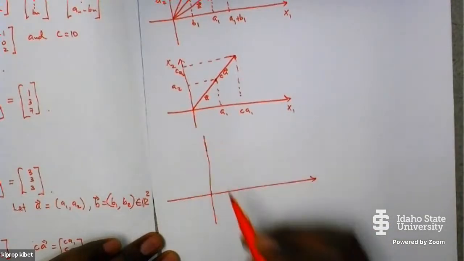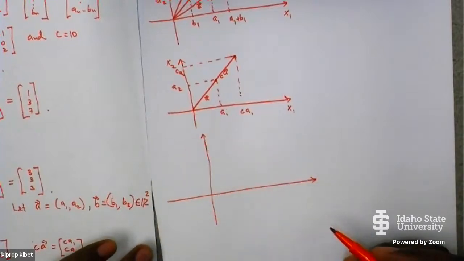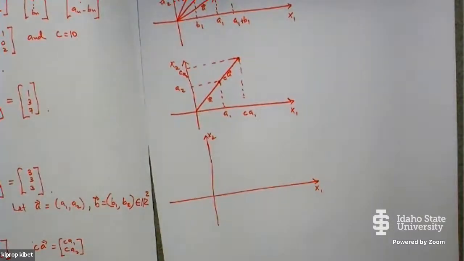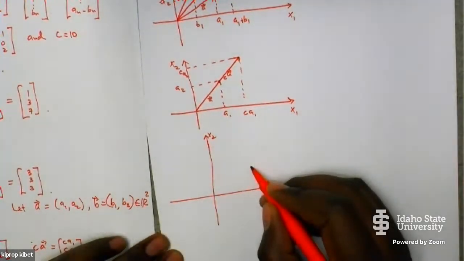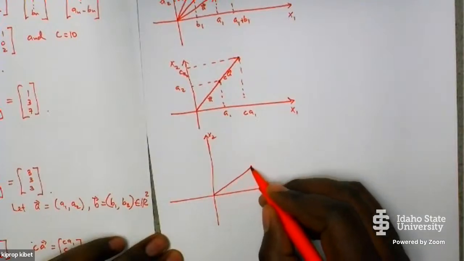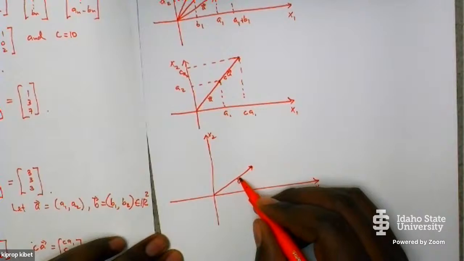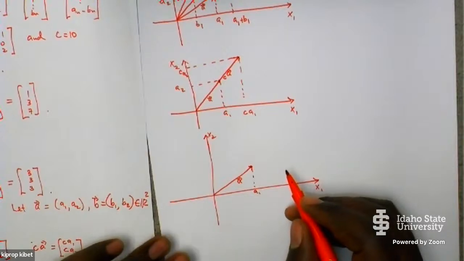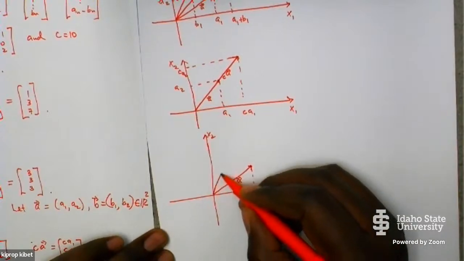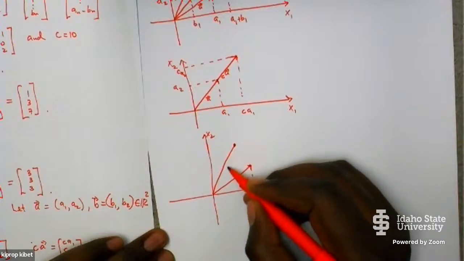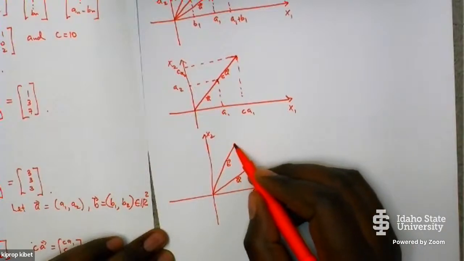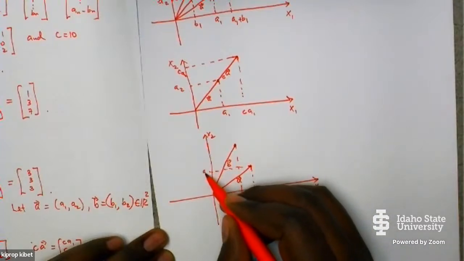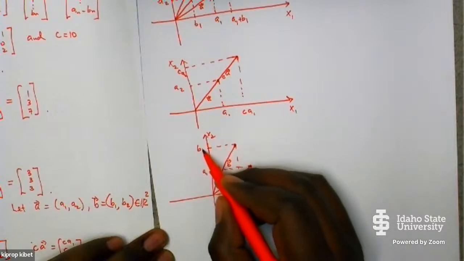Then finally, when we subtract, if this is x1 and this is x2, we have our point here, which is A, and this one is A1, and then we have another point here, which is B, and this one is B1, and this one is B2.